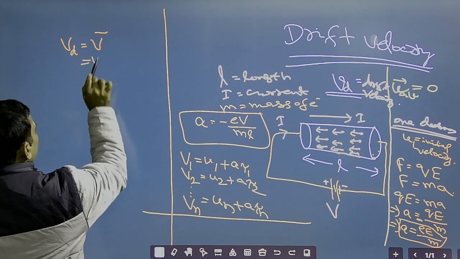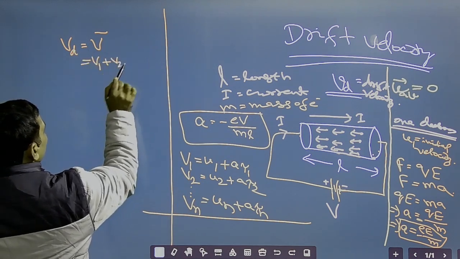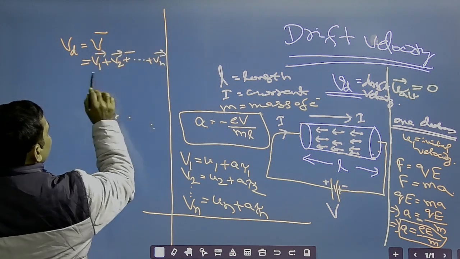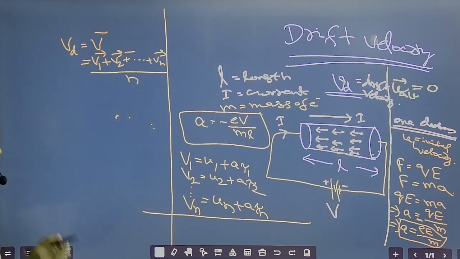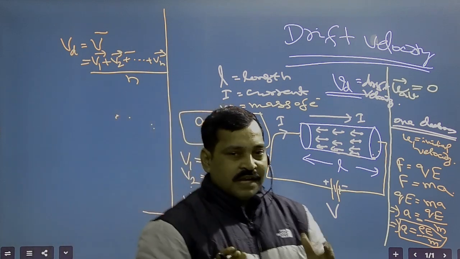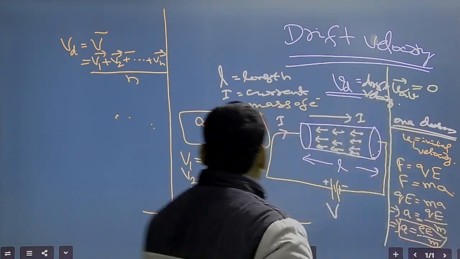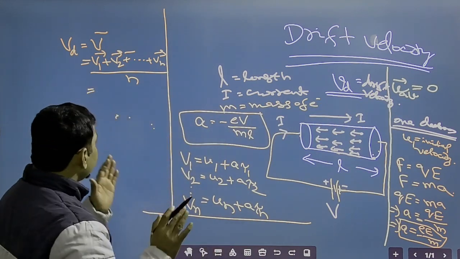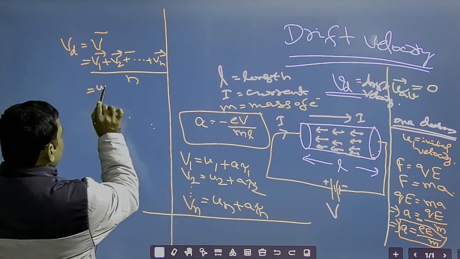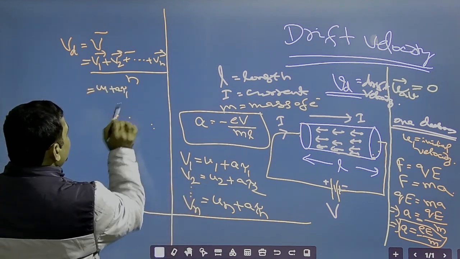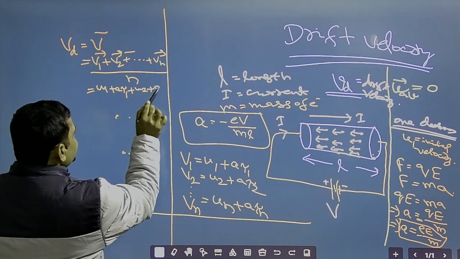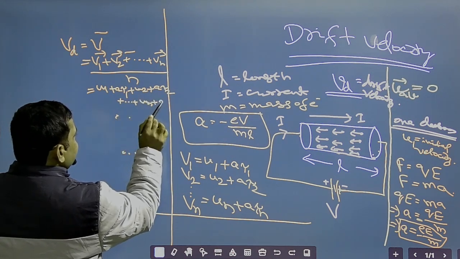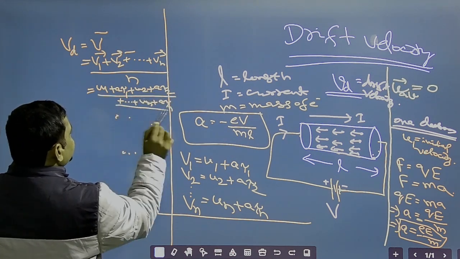So this will be equal to V1 plus V2, up to Vn, divided by n, where n is the total number of electrons available inside the conductor. Now this will be equal to U1 plus a tau 1, similarly U2 plus a tau 2, similarly Un plus a tau n, all divided by n.